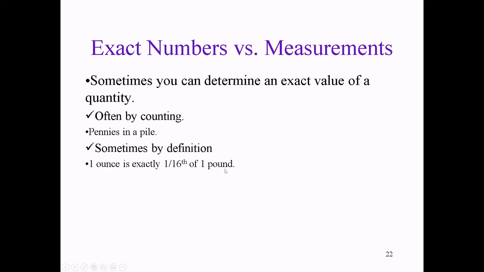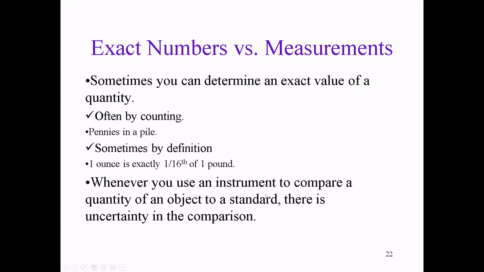The second way is by definition, essentially. This is where we have just said that this is true. For instance, we've said that 1 ounce is exactly 1/16 of a pound. So we can know for sure that this relationship holds and is true because we said it so.